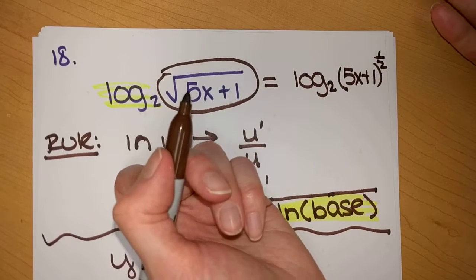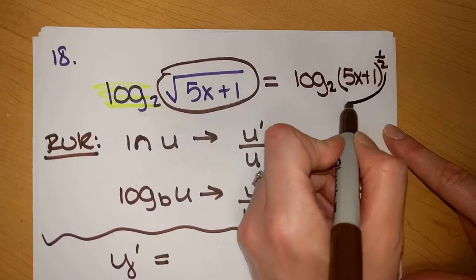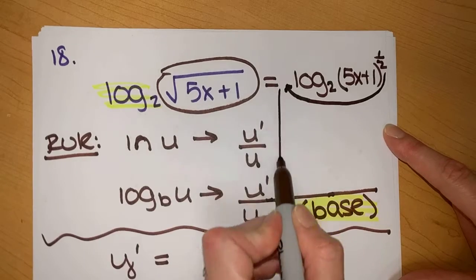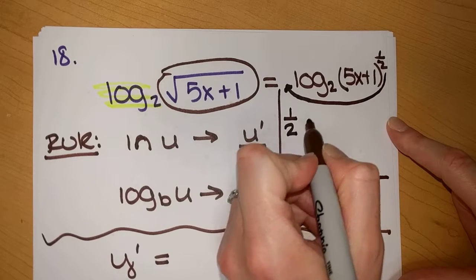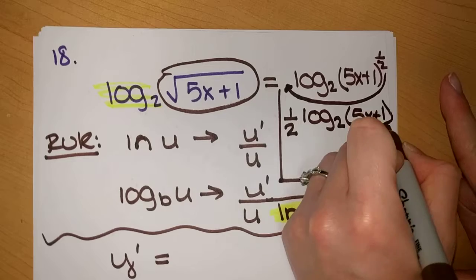We rewrite the radical. Now, because we're dealing with logs, log properties say that we can bring this down in front as a 1/2. So really what we're differentiating here is 1/2 log base 2 of 5x plus 1, okay?